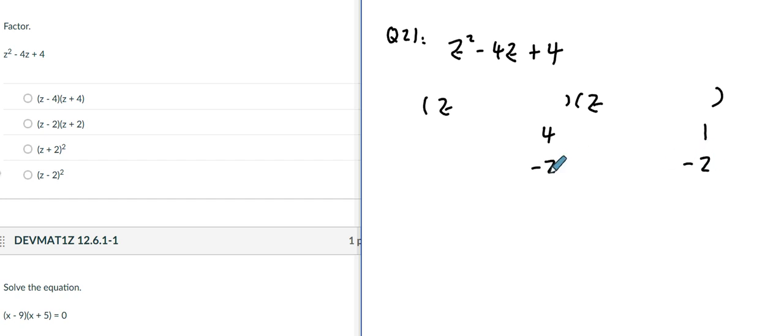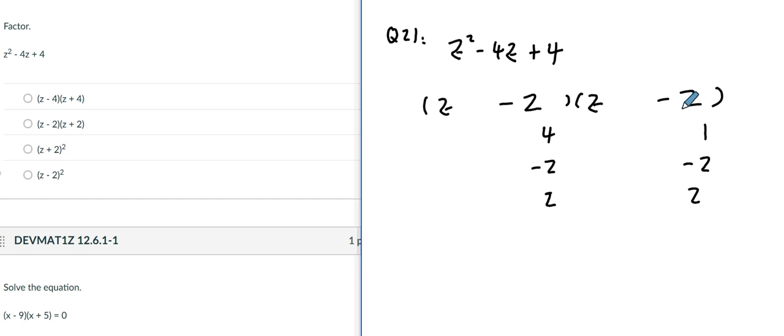But you know, when you add -2 and -2, you get -4. So this one, we may just put right here. But if you put 2 and 2 here, it's not going to work.